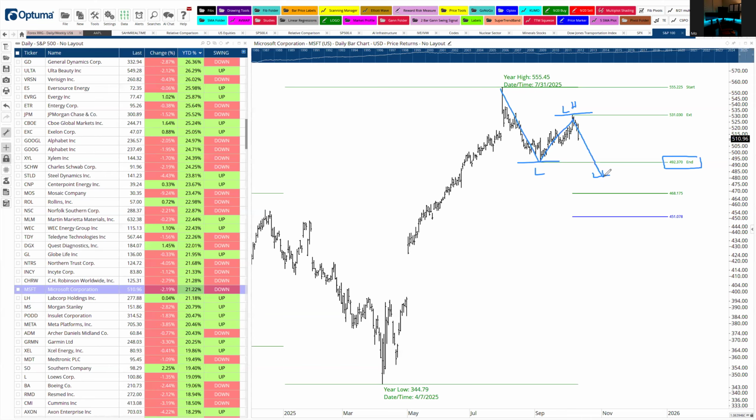Whatever this thing finds support will break this, then this area right there, 492, will act as resistance. Then you look for a measured move down to 468 to complete, let's say, an ABC or WXY, whatever you want to call it. From here, it finds resistance toward this zone, toward this pivot. Then it needs to reverse and take out this high for the swing to turn right back up again.